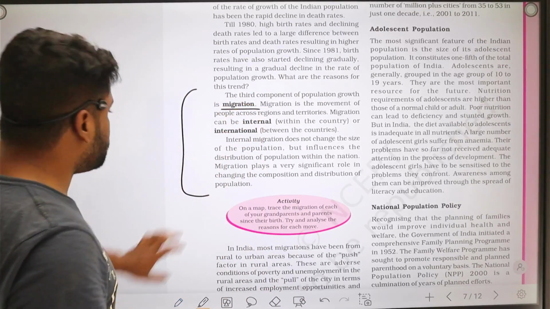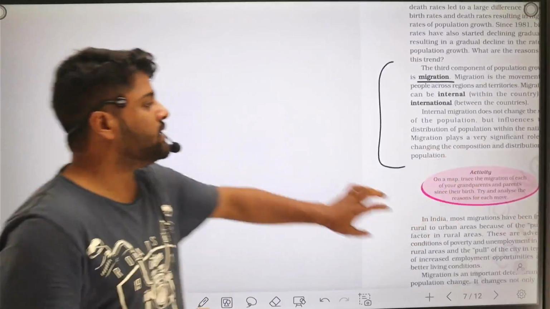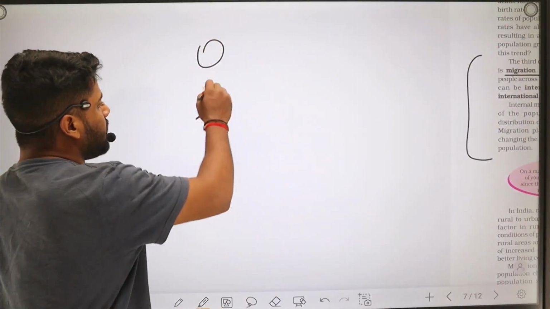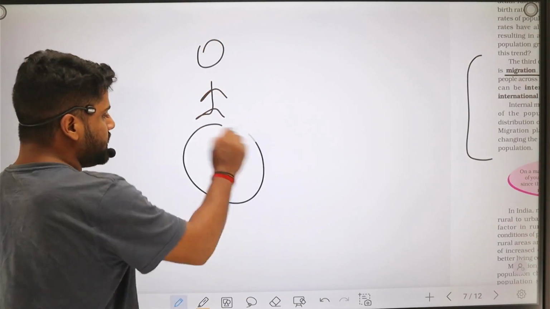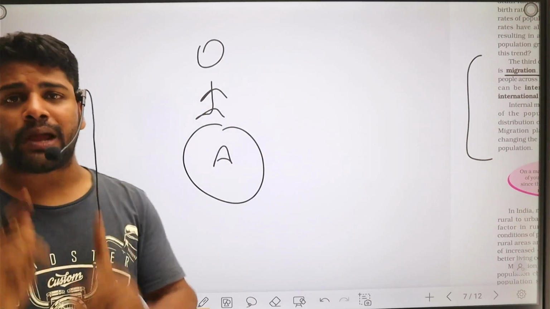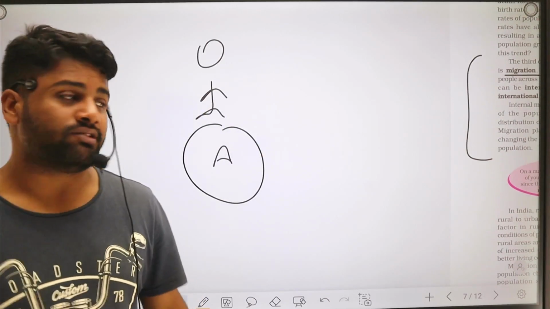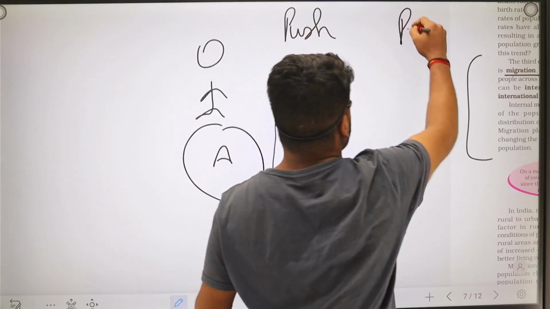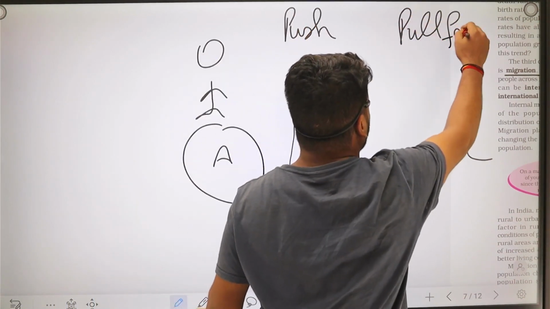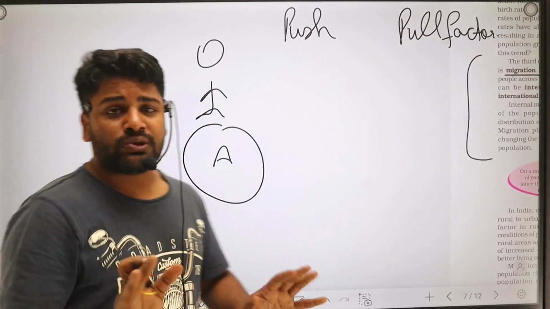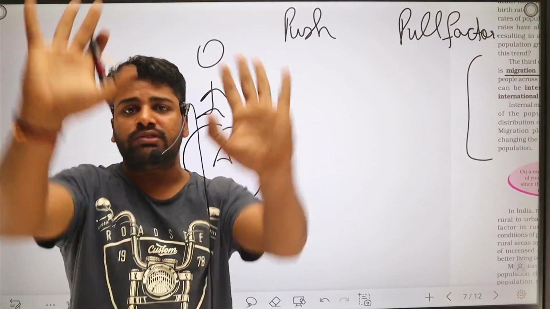So basically migration could be understood by a simple term: a person is here at point A. Due to certain factors, and there are two types of factors which promote migration, one is push factor and another is pull factor. What is push factor? Someone is forcing you to leave that particular place.